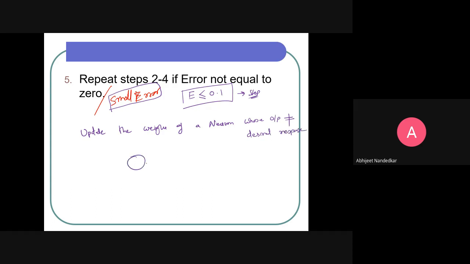Say for example, this is neuron 1, this is neuron 2, this is neuron 3. My desired response D1 for input Y1 is say -1, +1, -1. This I expect for the input Y.